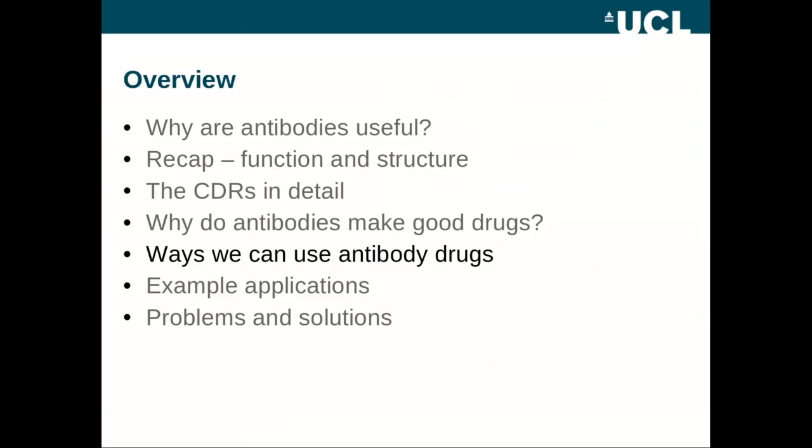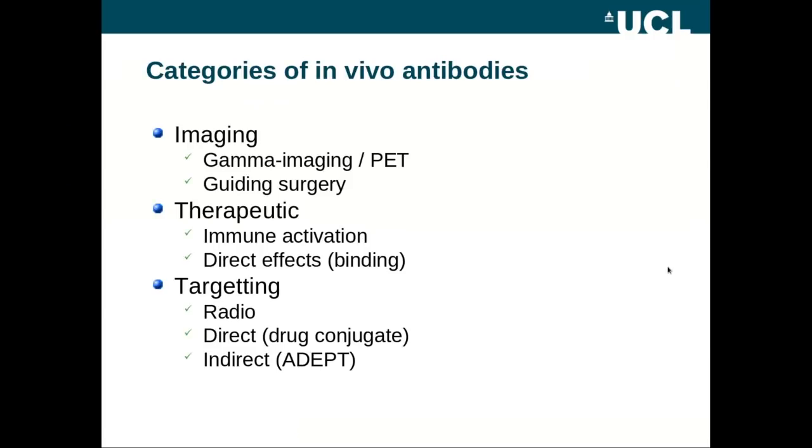How then can we use these antibody-based drugs? What mechanisms can we use to exploit this high specificity and high affinity? If we talk about ways in which we can use antibodies in vivo, well, we can use them for imaging.